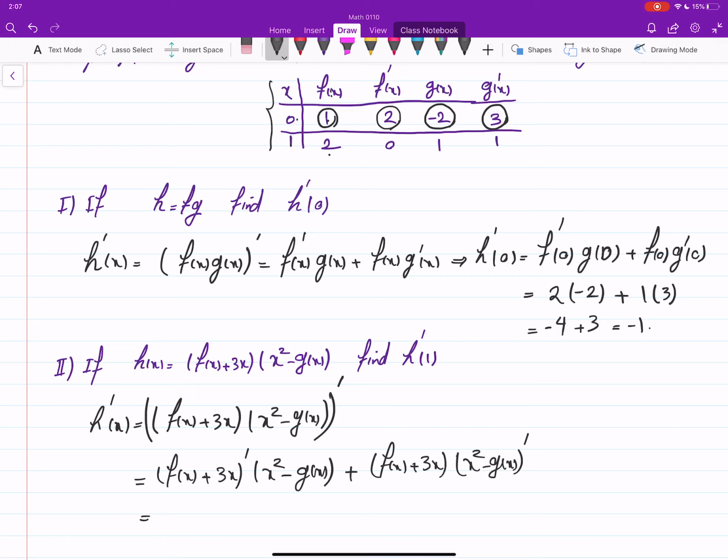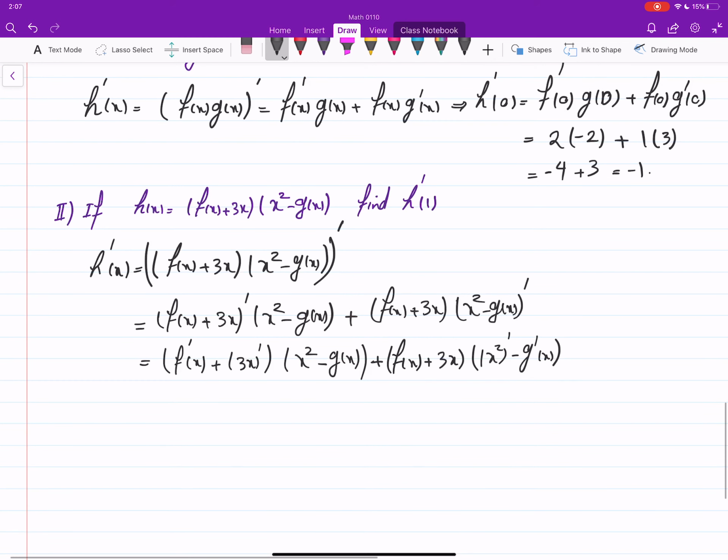Now, this is a sum of two things. I have f prime of x plus the derivative of 3x, times x squared minus g of x, plus f of x plus 3x times the derivative of x squared minus the derivative of g.